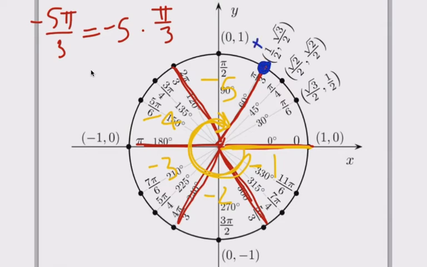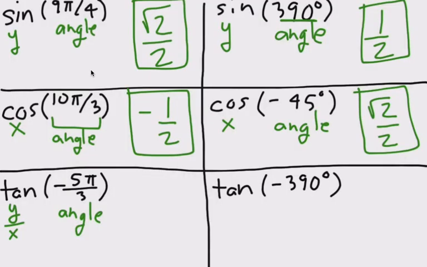So my x is a half, my y is root 3 over 2, and I need to do y divided by x for the tangent. So I have root 3 over 2 divided by a half. So I have to do some fraction work here.